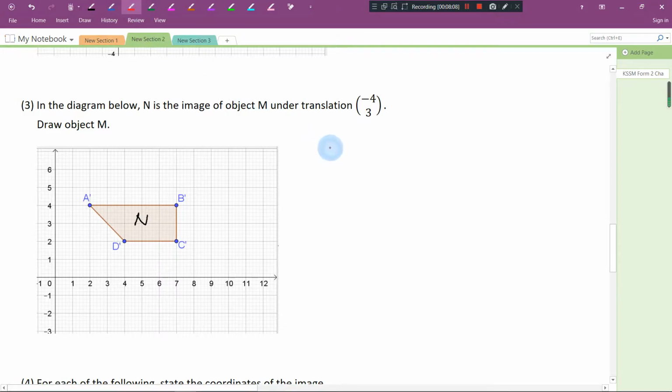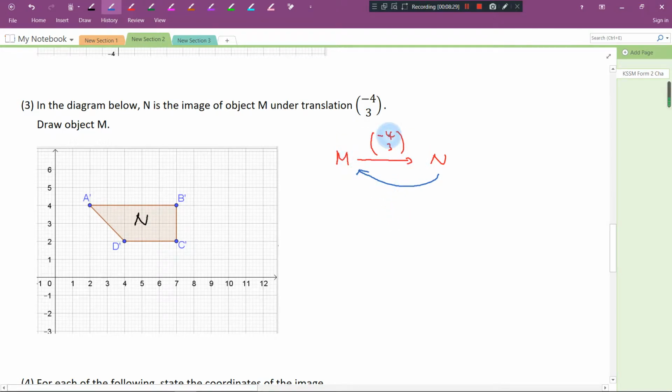Let me write this way, to explain it easier. Now I have an object which is M. Undergo this translation, it becomes N. Now you are asked to draw M but not N. You need to go backward like this. So what should you do?